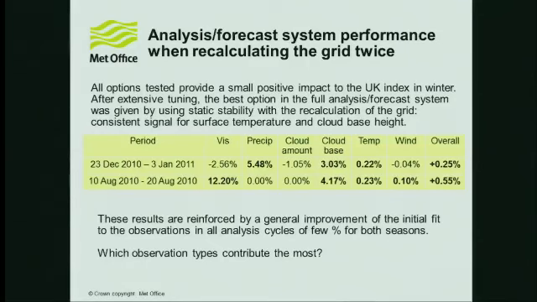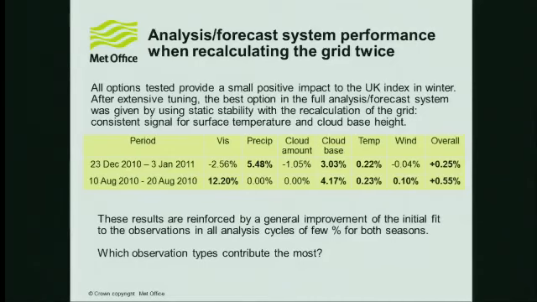So what we tend to do is look at these particular verification parameters, which for a limited area model, like the UK model in this case, are visibility, precipitation, cloud amount, cloud base height, temperature at 2 meters, and wind at 10 meters.